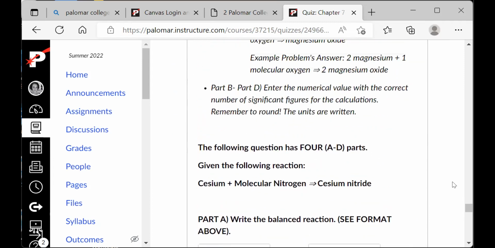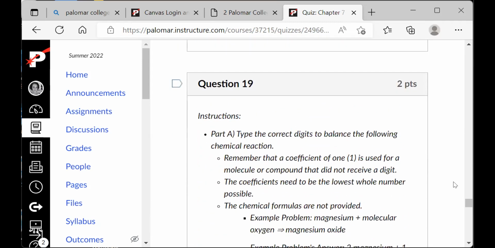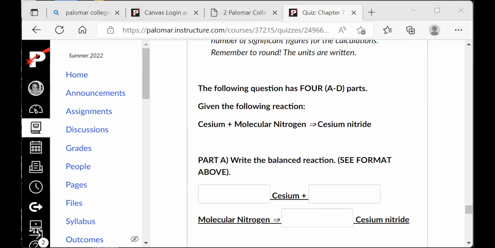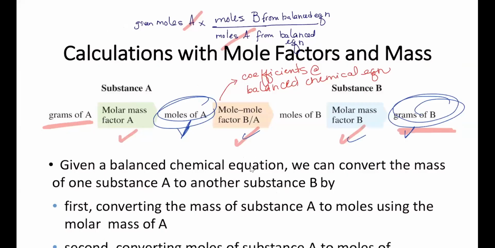But my recommendation is for this problem, like question 19, like question 10 in the extra credit, your strategy has to be this flow chart, because this one is for chemical reactions.